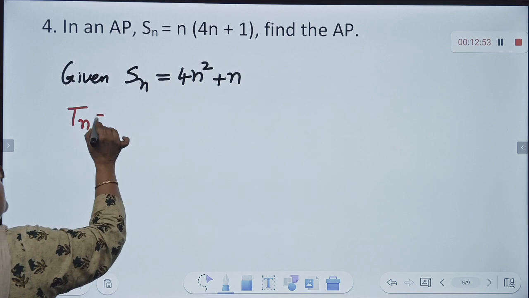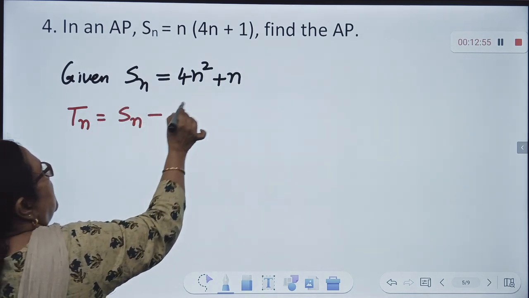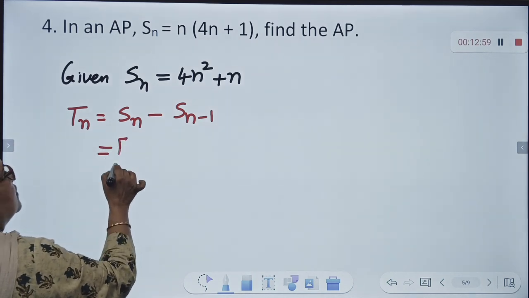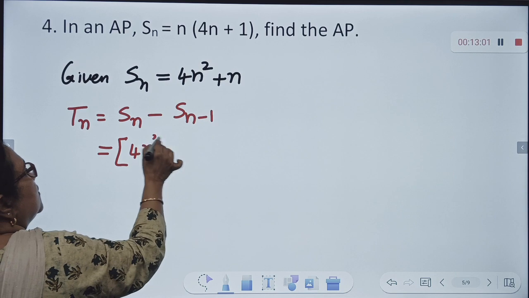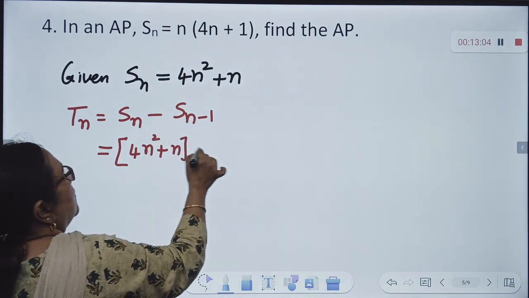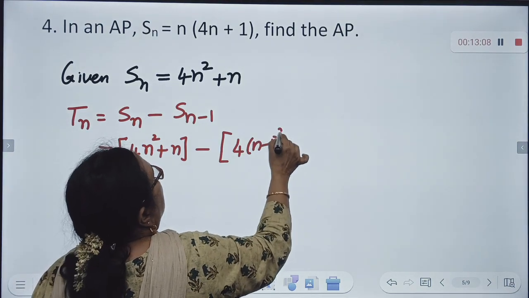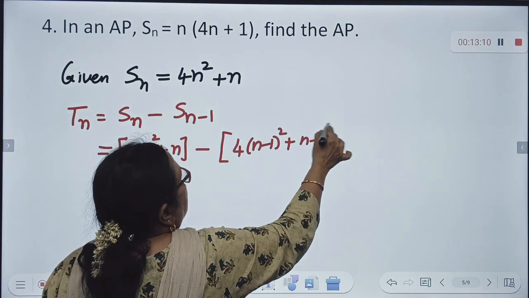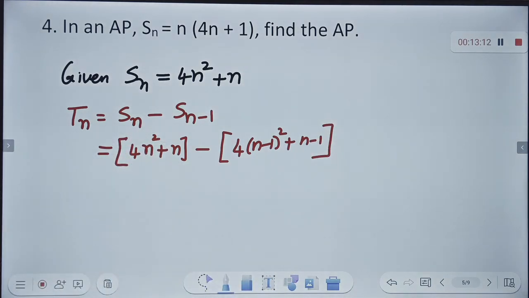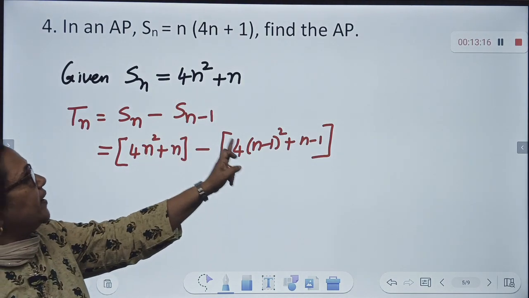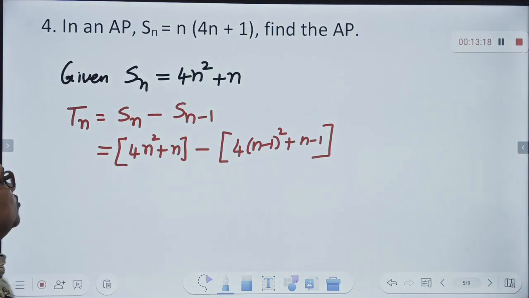So Tn, you know, is Sn minus Sn minus 1, which is 4n square plus n minus, 4 into n minus 1 square plus n minus 1. What is Sn minus 1? In the place of n, I have to put n minus 1. So 4 into n minus 1 the whole square plus n minus 1.